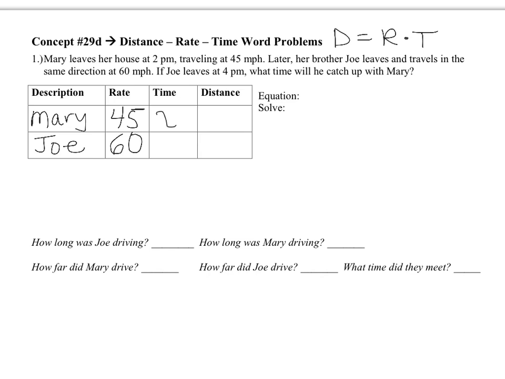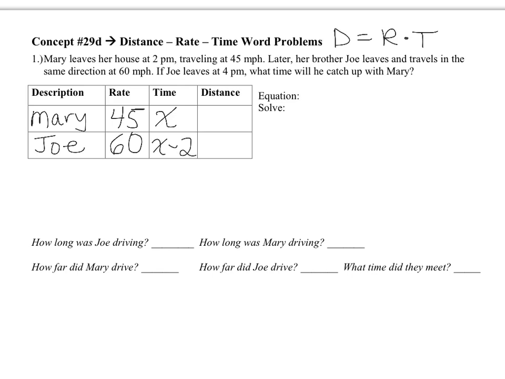And now think about it. Mary's been traveling. She left first, right? She left at 2 p.m. And then Joe leaves at 4 p.m. Well, what's the difference there? The difference there is 2 hours. So Joe's traveling time is X minus 2. Now let's think about why it's subtraction.